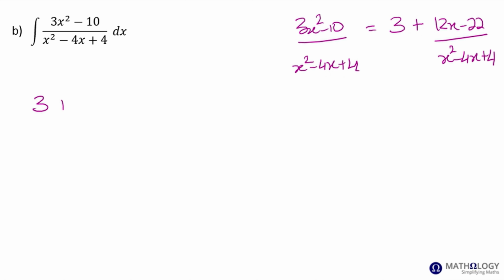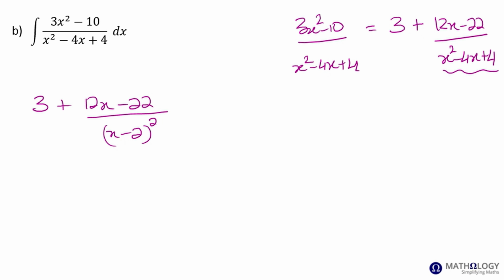So this expression here is what we're going to use. So we have 3 plus 12x minus 22 over, and we're going to factorize this as x minus 2 all squared. Now we're going to ignore the 3 for now. We'll worry about this once we've written 12x minus 22 over x minus 2 all squared as partial fractions.